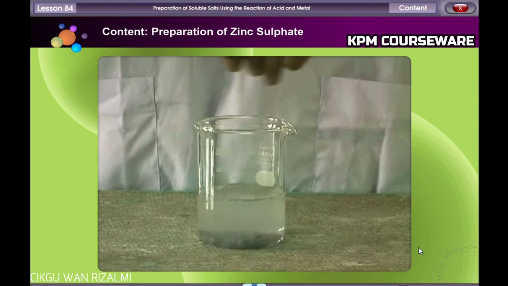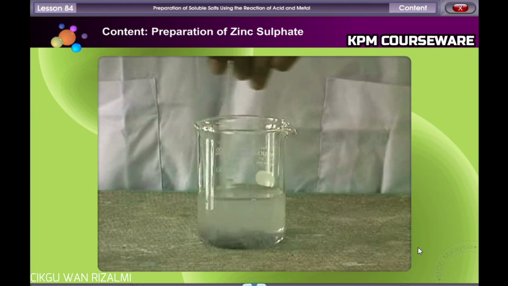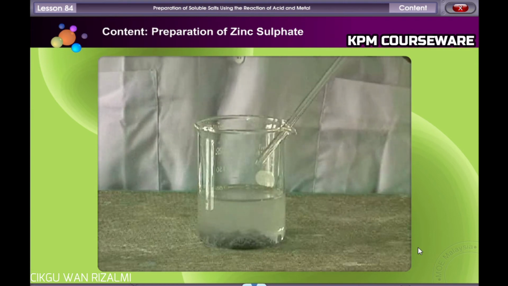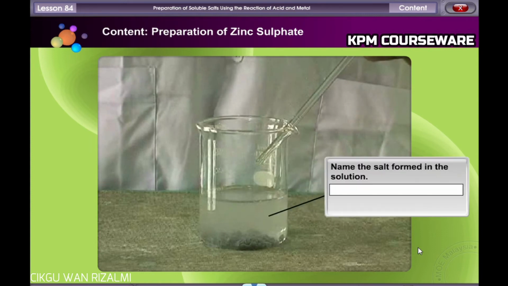Stir with a glass rod until the zinc powder can no longer dissolve in the acid. When zinc has completely reacted with sulfuric acid, can you name the soluble salt that is formed in the solution? Key in your answer in the box.